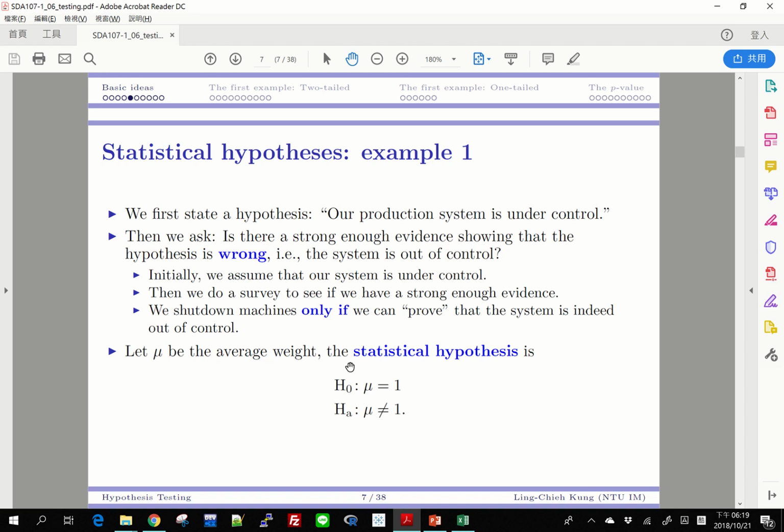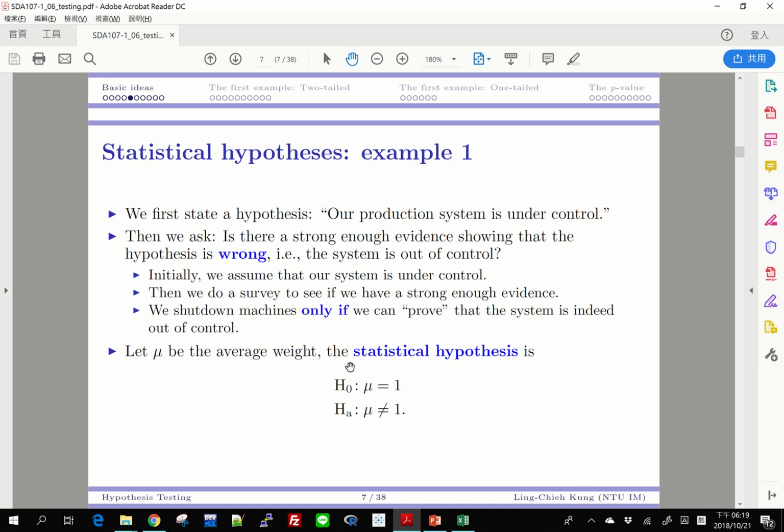And then type 1 error is, what's the probability? Type 1 error means the error we make when we say the null hypothesis is wrong, but actually it is right. It is right, but we say it is wrong. That's type 1 error.